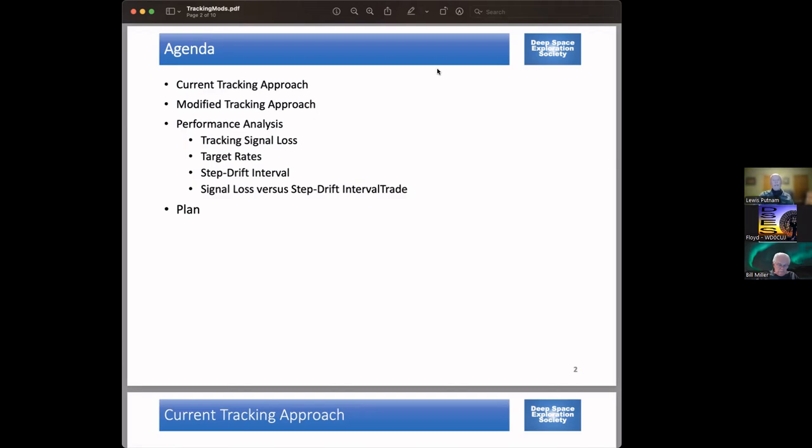And what I've listed here is step, drift, interval, and as we get into it, you'll see why that name is there. So that's been a concern, to try to minimize how often we're updating the mount position. And so we'll talk about how this algorithm affects that.